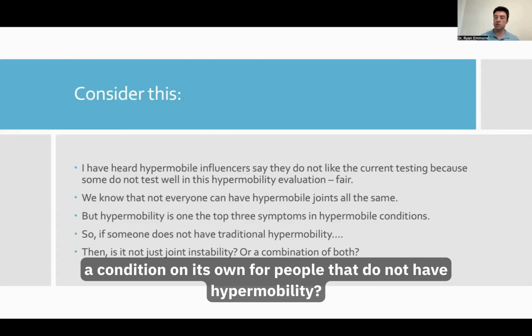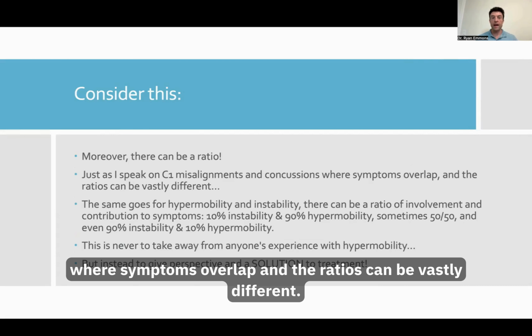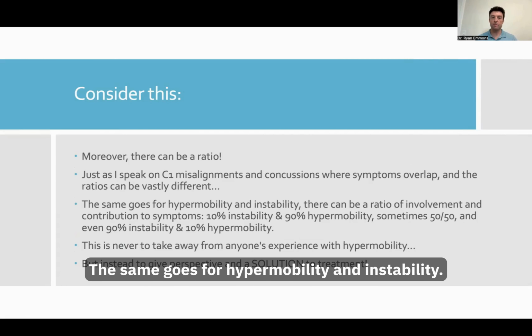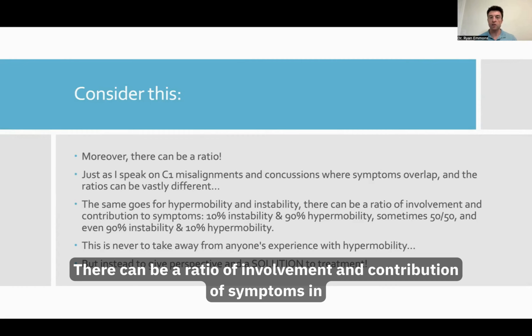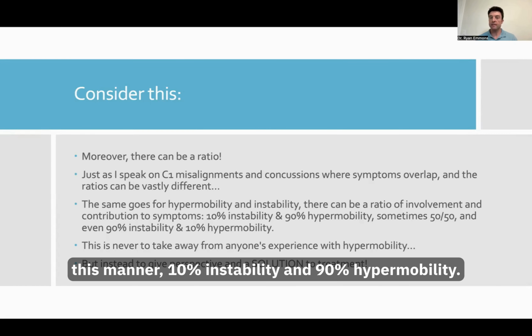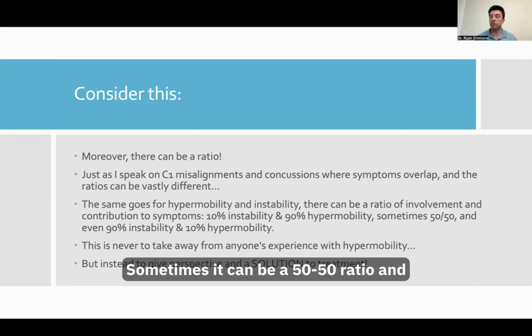Moreover, there can be a ratio. Just as I speak on C1 misalignments and concussions where symptoms overlap and the ratios can be vastly different, the same goes for hypermobility and instability. There can be a ratio of involvement and contribution of symptoms in this manner, 10% instability and 90% hypermobility. Sometimes it can be a 50-50 ratio.